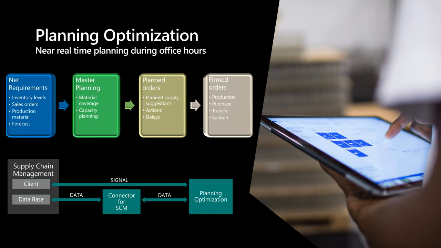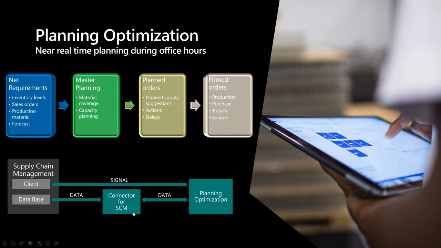So with planning optimization, we're taking a different approach. If we look at the overview down here, you can see that from supply chain management in the client, whenever you run master planning, we send a signal to the planning optimization service that runs in memory in the cloud. It figures out, based on the signal, what data is required to run the plan.